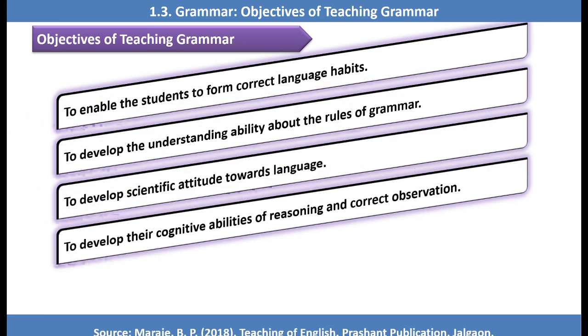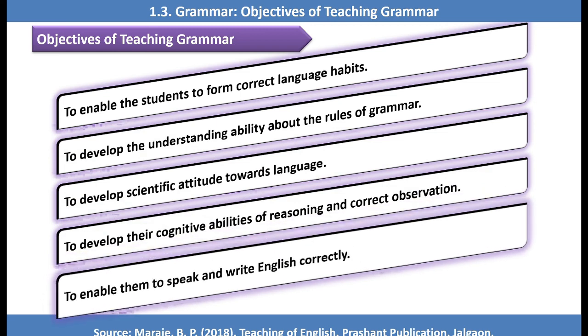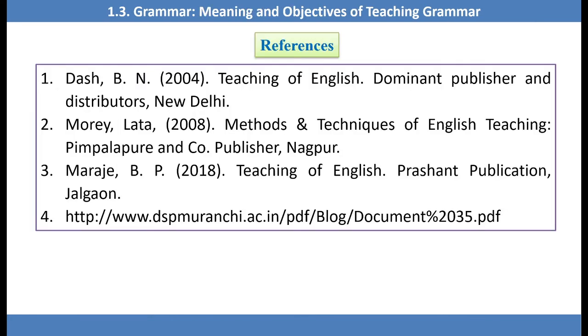Then, to develop their cognitive abilities of reasoning and correct observation. And to enable them to speak and write English correctly. This is a very important thing. We have to develop the skills among them to write, speak, read, etc. correctly. So these are the objectives of teaching grammar.